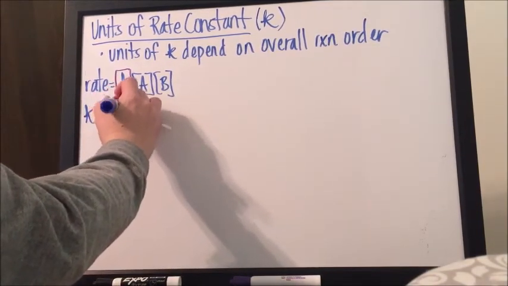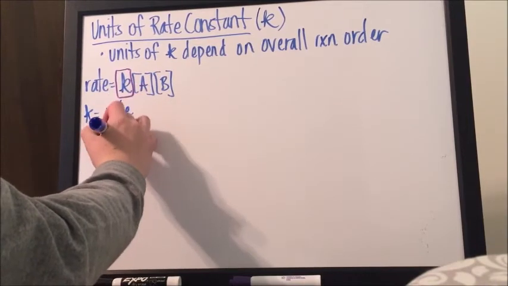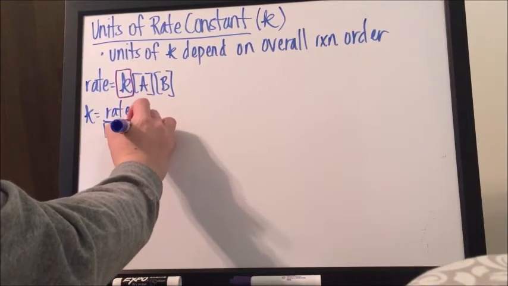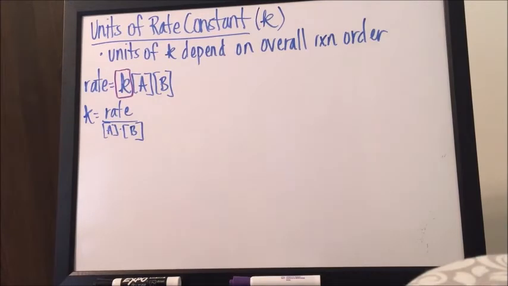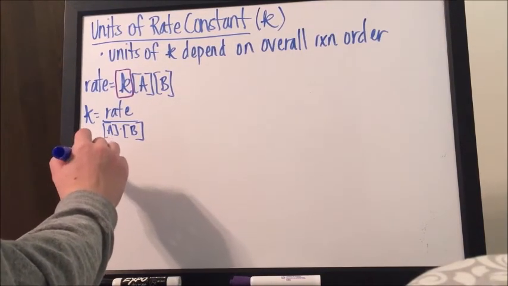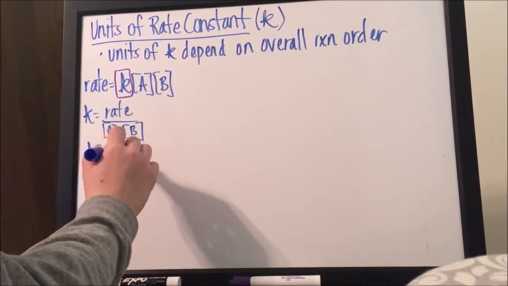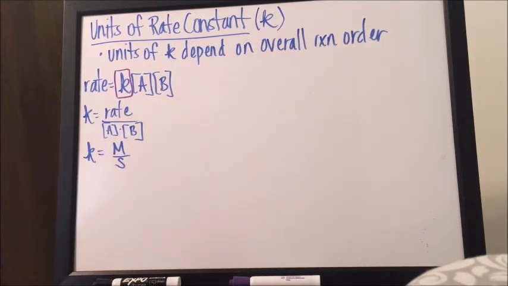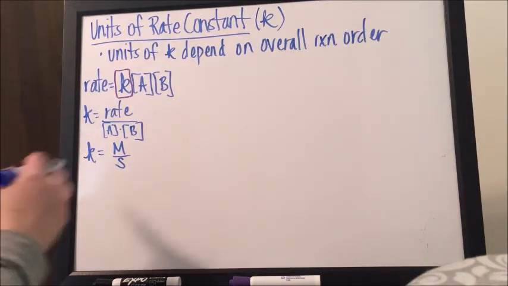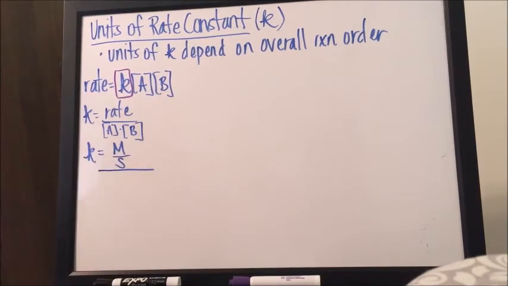K equals rate over concentration of A times concentration of B. All right, so for our purposes, rate is going to be measured in molarity per second. Okay. Again, it can be measured in other units, but most of the time you'll find it measured in molarity per second. Okay, so that's just the top. That's the unit for rate.